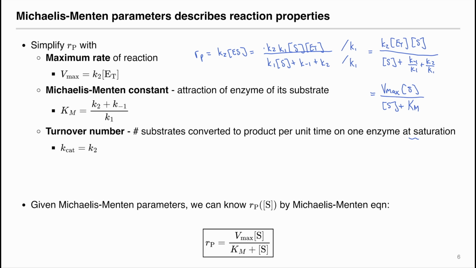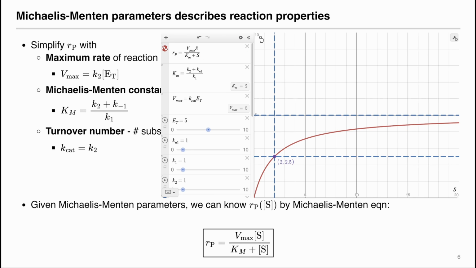Now let us do a brief demonstration on how the production rate is related to the substrate concentration. Here I have plotted the rate of production with respect to the substrate concentration in a graphing calculator called Desmos. Here we can explore the effect of changing the parameters on the curve of R of P with respect to S. For example, currently I have the total concentration of enzyme as 5.